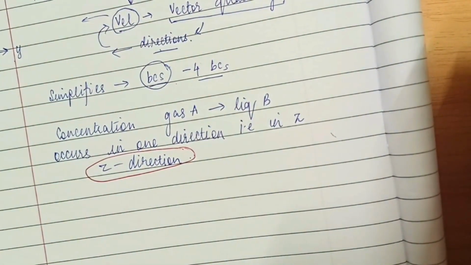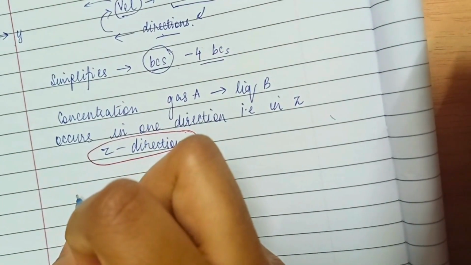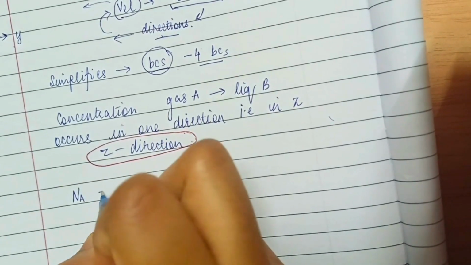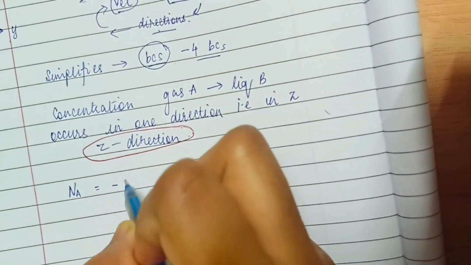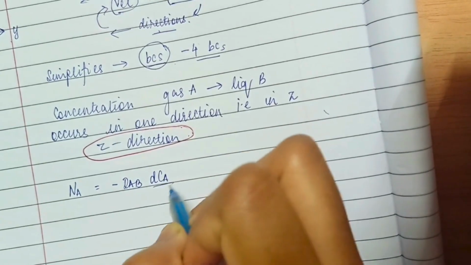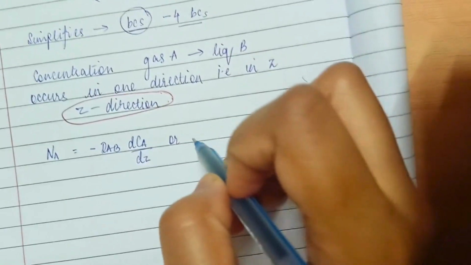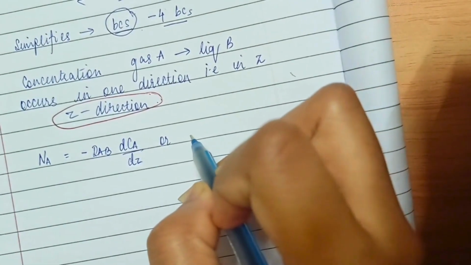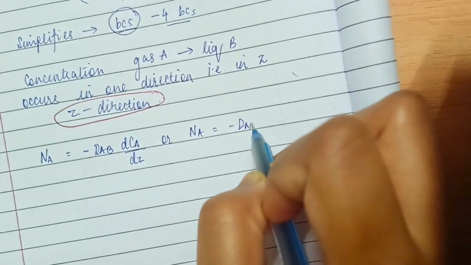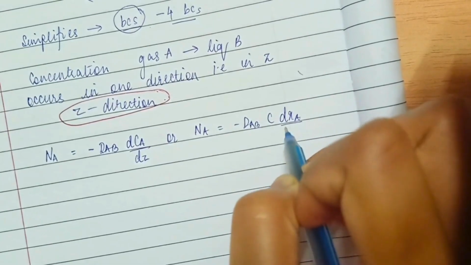So, for example, earlier we had written the molar flux equation as NA is equal to minus DAB into dCA by dZ. Or if we write it in terms of mole fraction, NA is equal to minus DAB into C into dXA by dZ.